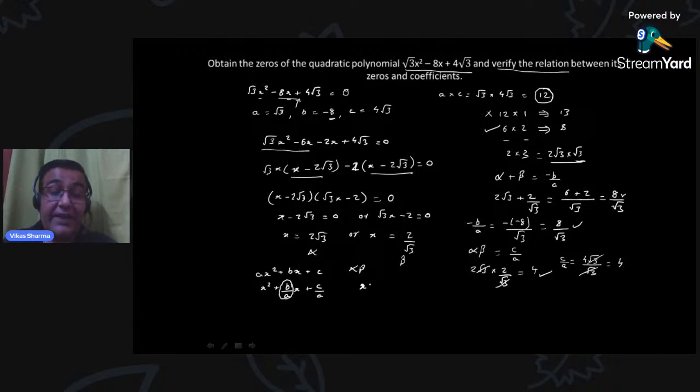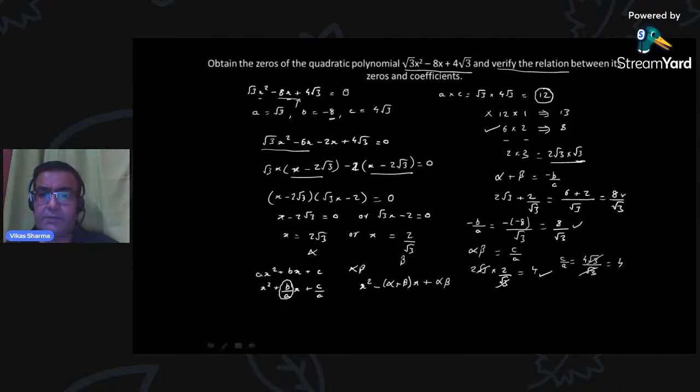So we can write it as x squared minus (alpha plus beta) times x plus the product of the two roots, which is c upon a, so alpha beta. So it can also be written like this. This is just what we are doing generally.